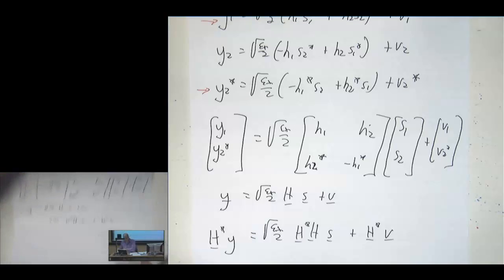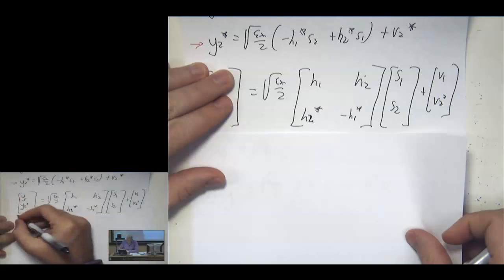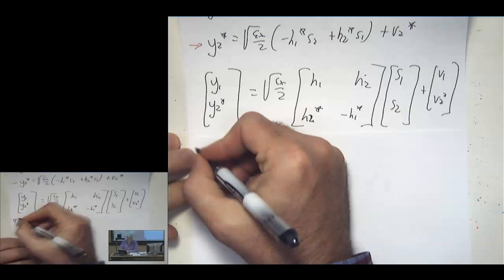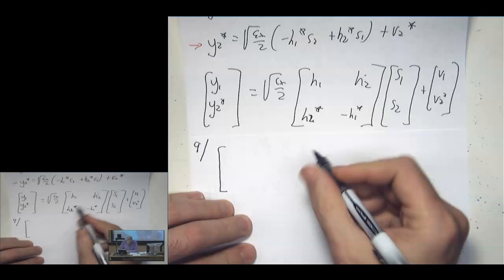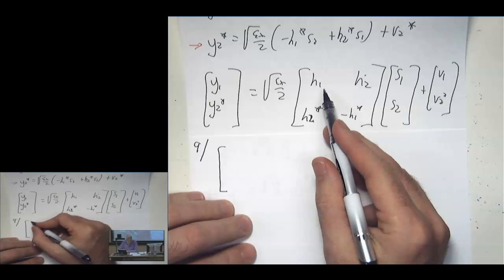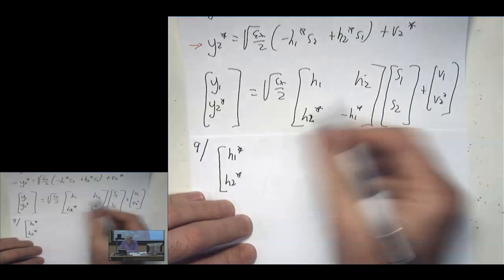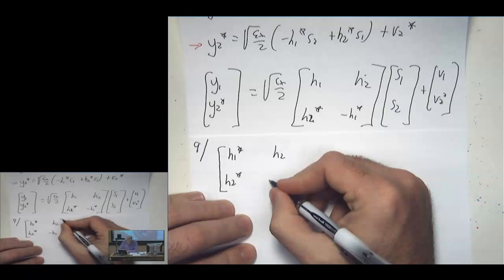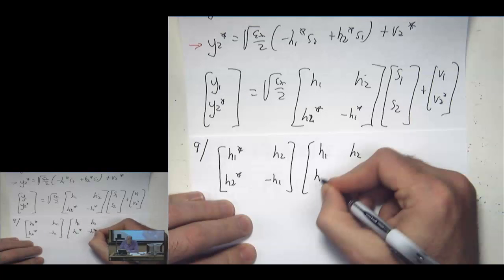Just like in undergraduate days, let's go through and actually do this multiplication. First of all, let's write out H star here. H star is the conjugate transpose. So that's going to be h1 conjugate, h2 conjugate, h2, minus h1, times h1, h2, h2 star, minus h1 star.